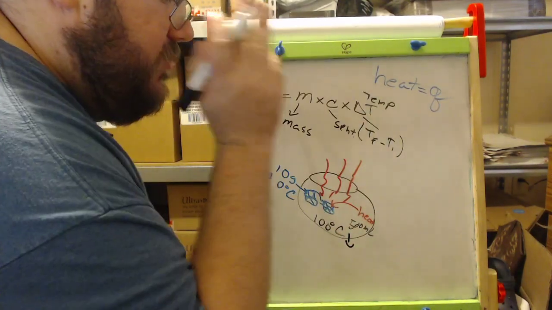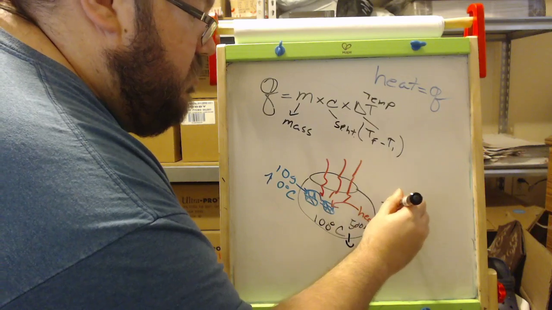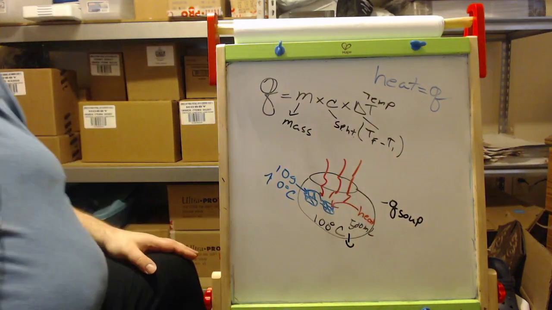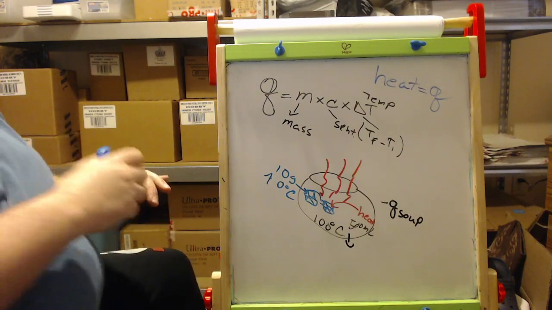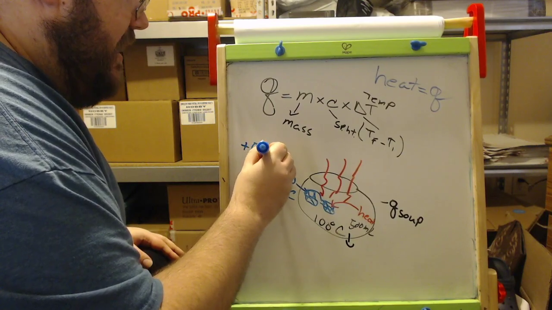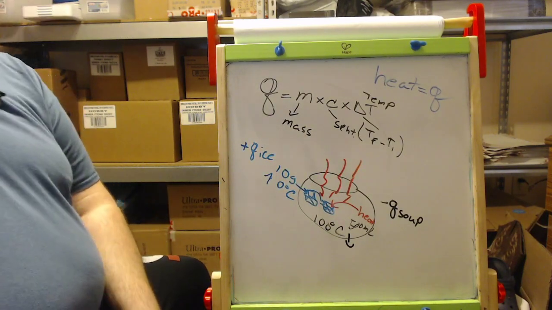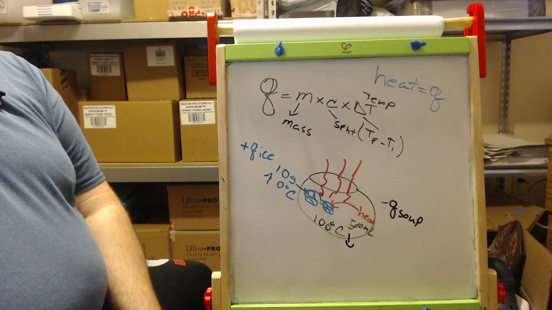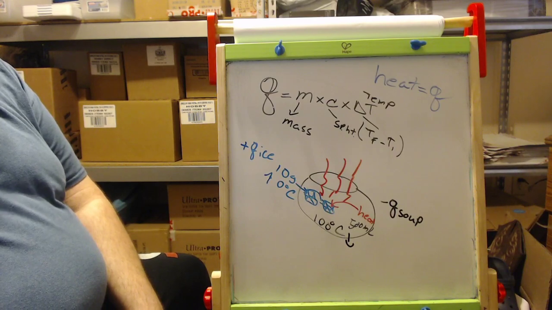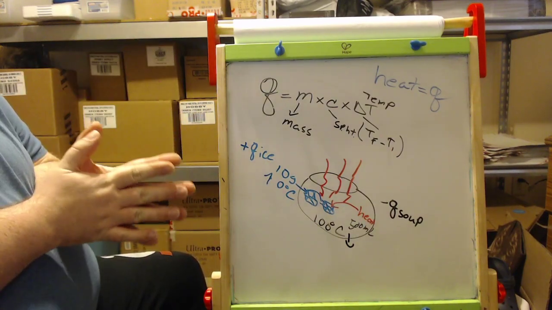So, in terms of Q, the soup is losing energy. And the ice is gaining energy. You got it. So, there is one key factor here that wasn't mentioned.